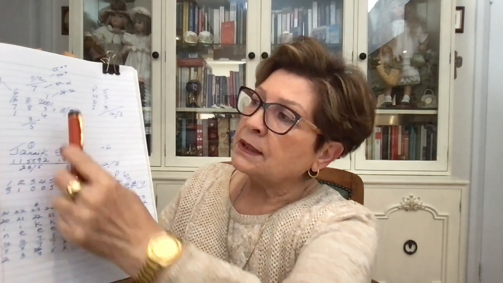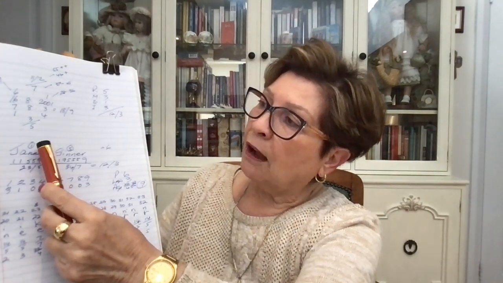Here we have the 4 major challenges. Again, each is timed correspondingly with the 4 major cycles of opportunity. And this tells me a lot. I can look at this chart and I know what's going on in this person's life.